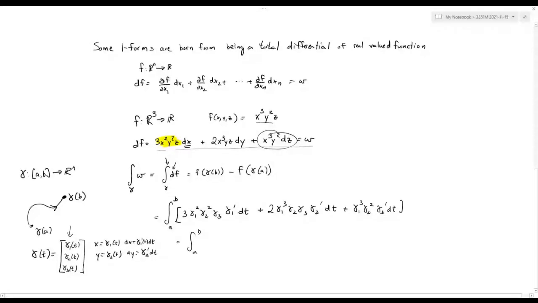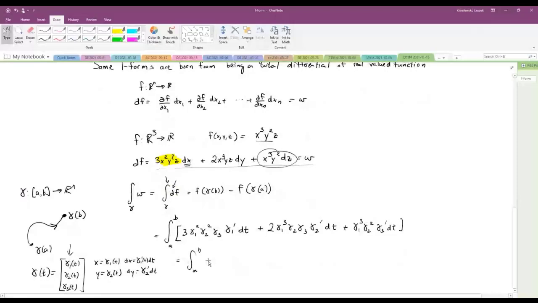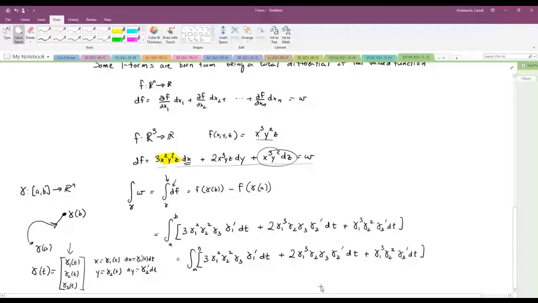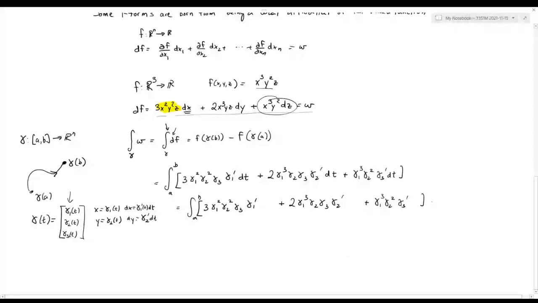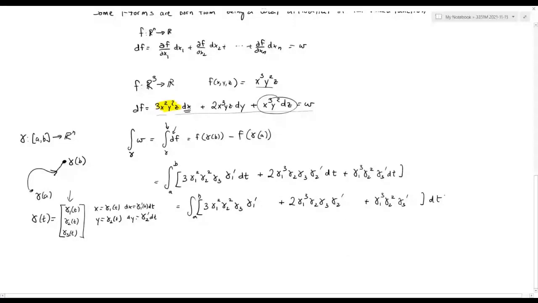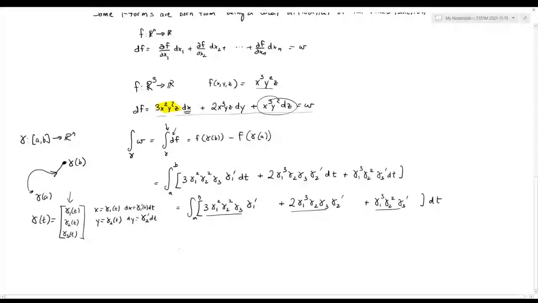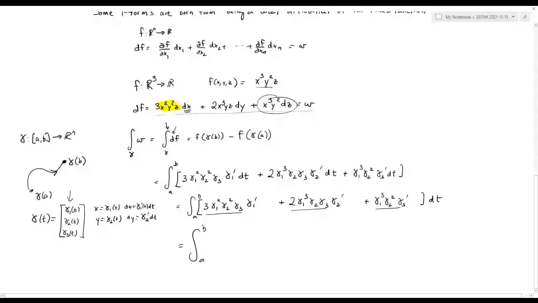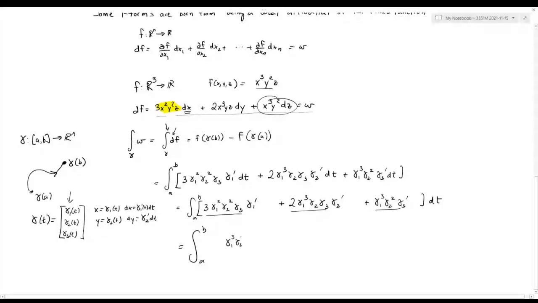So what we want to notice here, that we can first of all take out the dt, just factor it out. And also note that this is really the result of a triple product rule. This is really the result of differentiating gamma 1 cubed, gamma 2 squared, gamma 3.